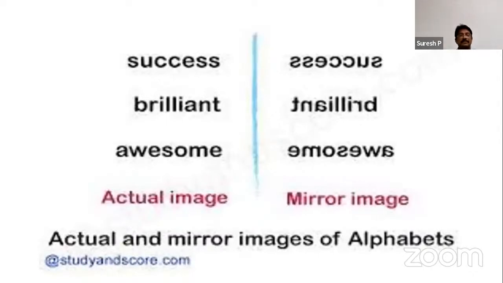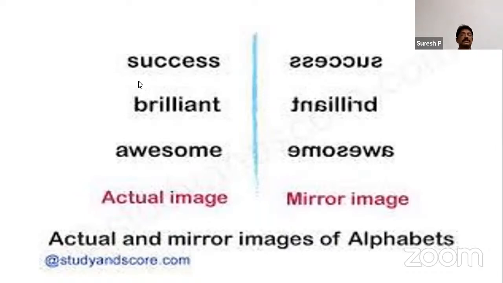We'll see the actual words, letters, and what their mirror images are. So take the word success. S will be inverted, correct, but the total word will be inverted in this manner. S will be moved here, like E will be here, correct, and C will be here, and S will be here.